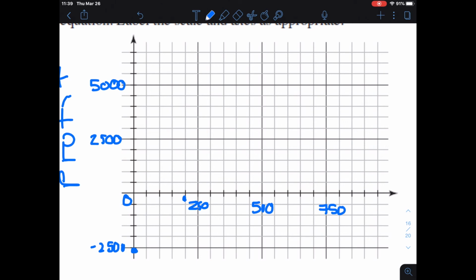Our profit is 2,250, so that's going to be close to the 2,500. And then finally 600 jars, here's 550, 600. Our profit is going to be 4,650, so close to here.